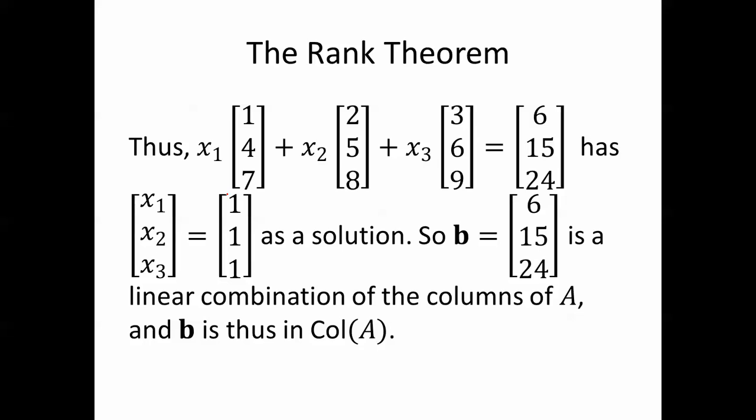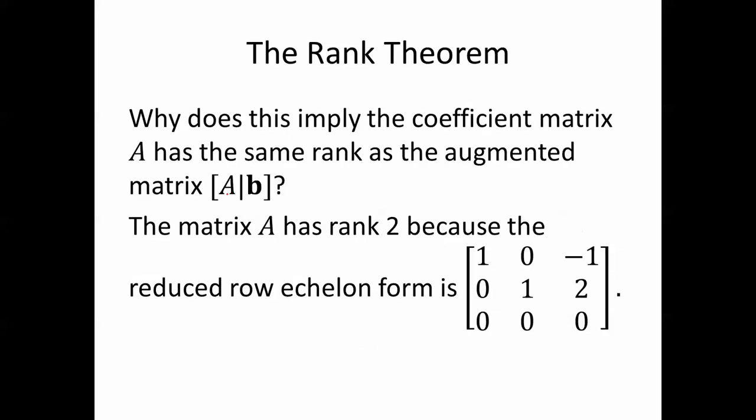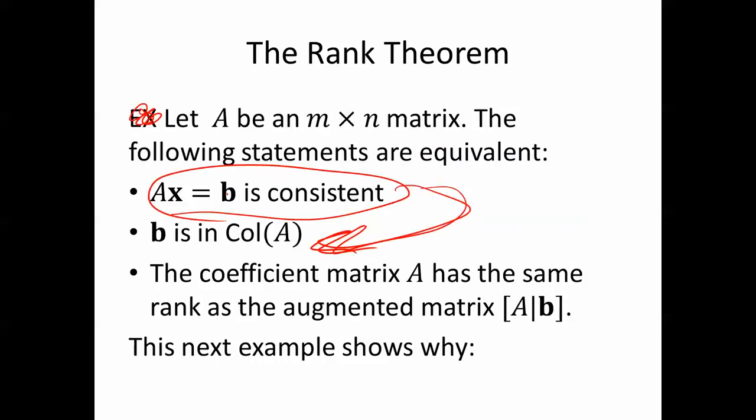So B equals (6, 15, 24) is a linear combination of the columns of A, and thus B is in the column space of A.